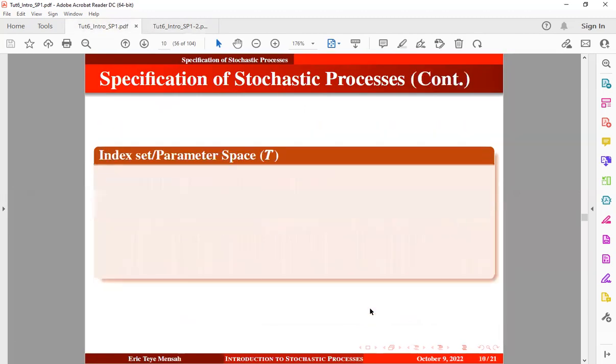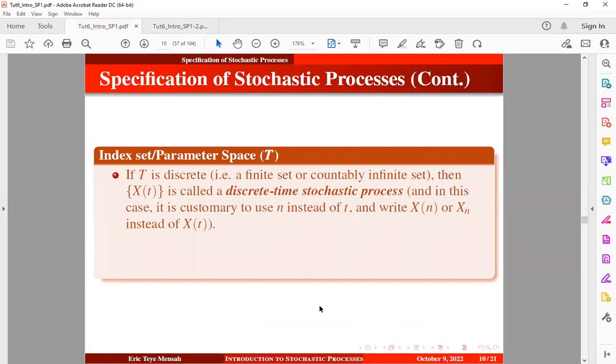All right, so now let's take a look at the index set or the parameter space. If T is discrete, that is, a finite set or countably infinite set, then the process is called a discrete time stochastic process, and it is customary to use n instead of t. So we replace t by n anytime we have a discrete time stochastic process, but you can use any.